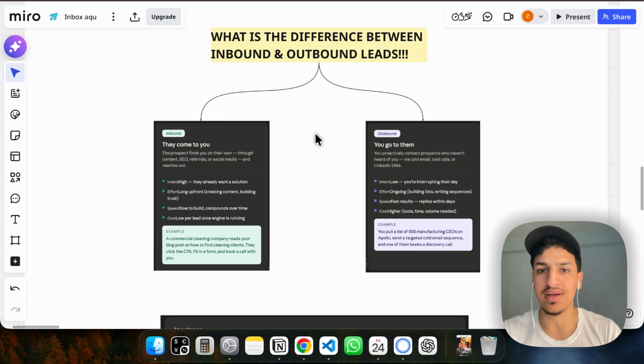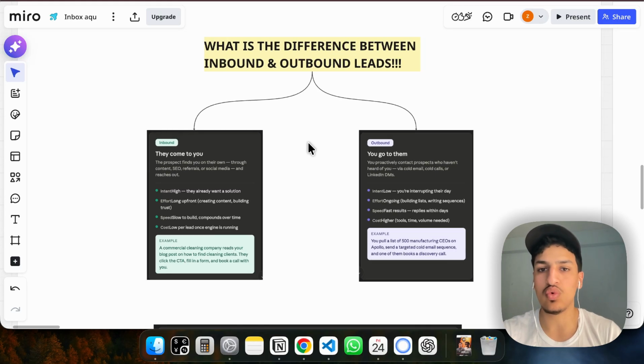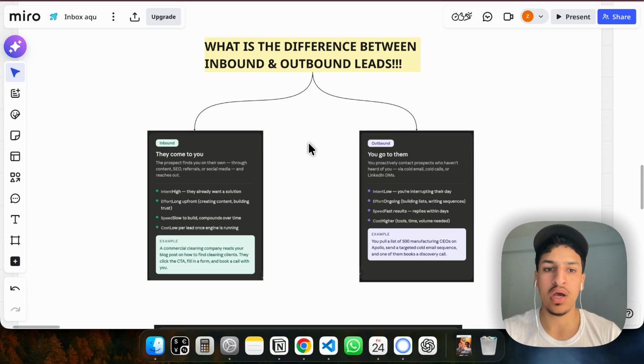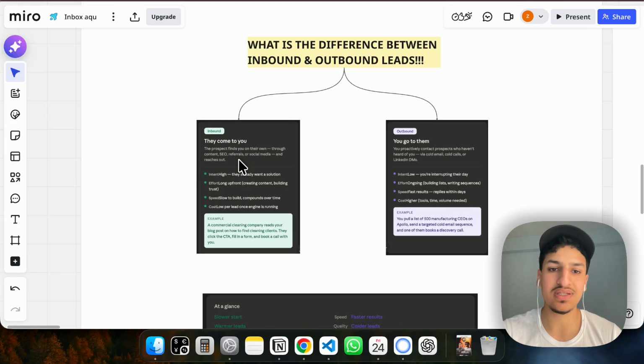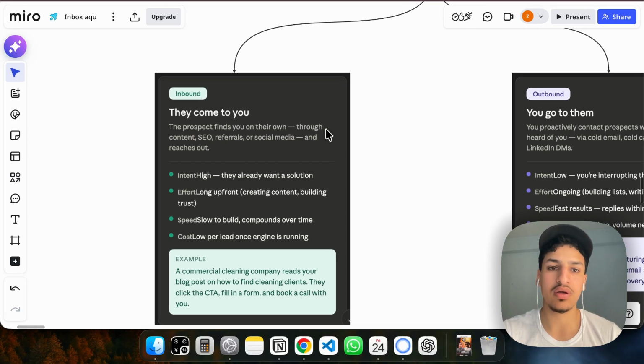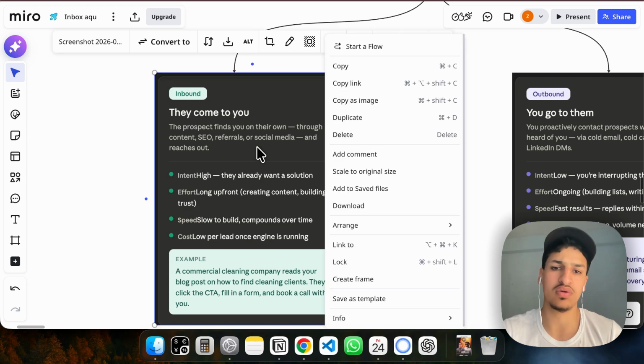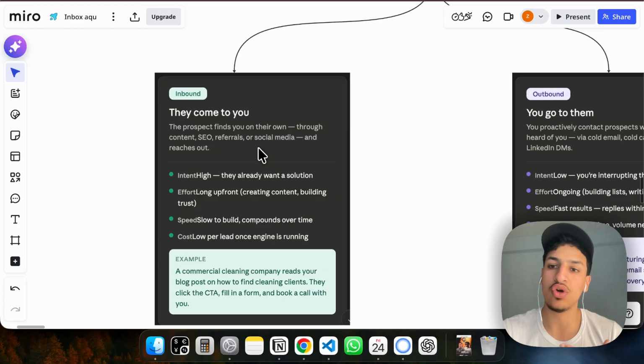Leads can come in two categories, which are inbound and outbound leads. And what do inbound leads mean? Inbound leads means that prospects come to you, they find you on their own, or they find you through content that you are uploading on your channel, or SEO marketing, or maybe referrals, or social media or content marketing.